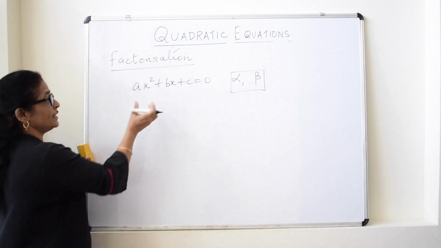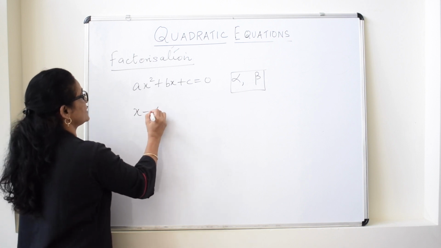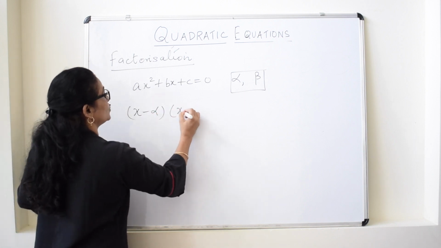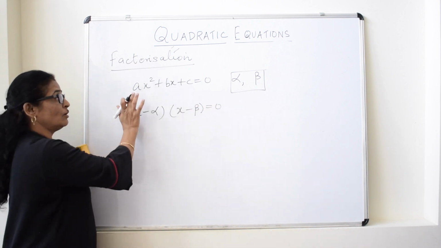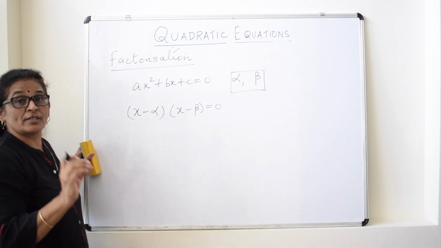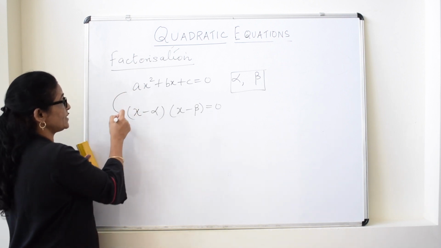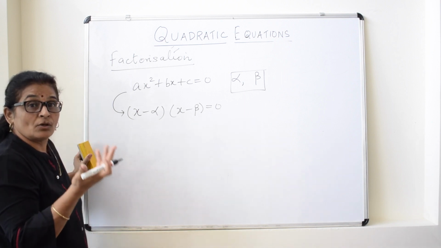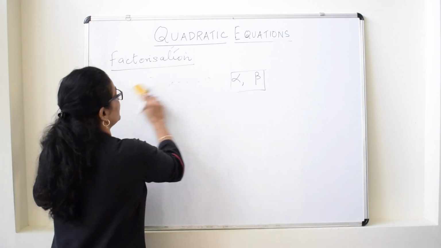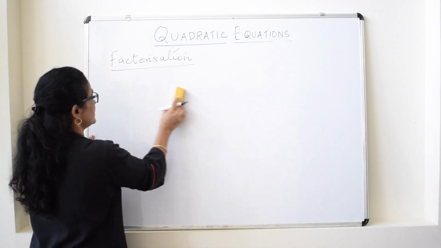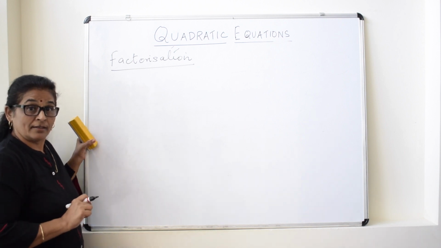It means that the factorization of this we can further write as x minus alpha into x minus beta is equal to 0. So in all the cases when the quadratic equation is given to us, we are going to change it into a product of linear factors. So we'll take some examples, and with that it will be clear how to factorize and find the solution of these quadratic equations.